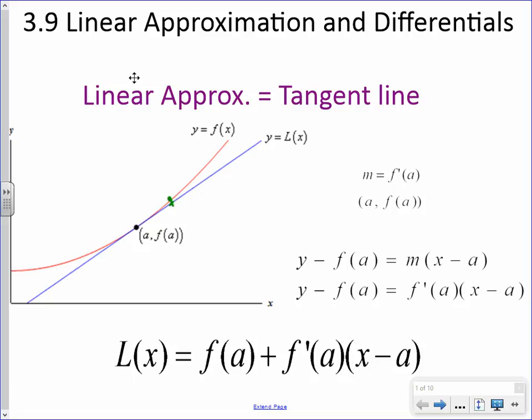The closer we stay to the point where we found our slope, the closer we will be to the actual y value, right? The further we get out on the tangent line, the further our y value will actually be from the real thing. We call it linear approximation because we're using the tangent line to approximate our value. See how that all comes together?